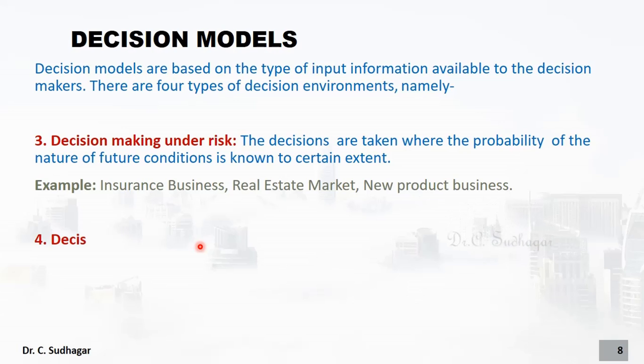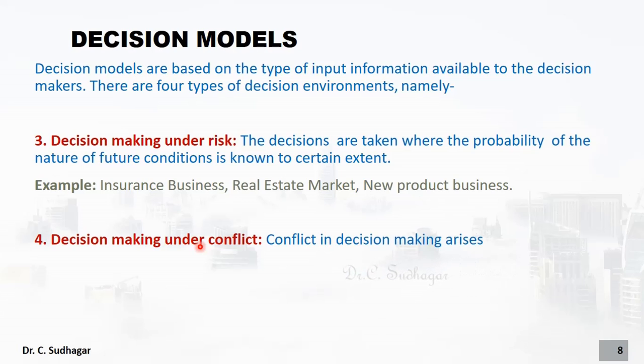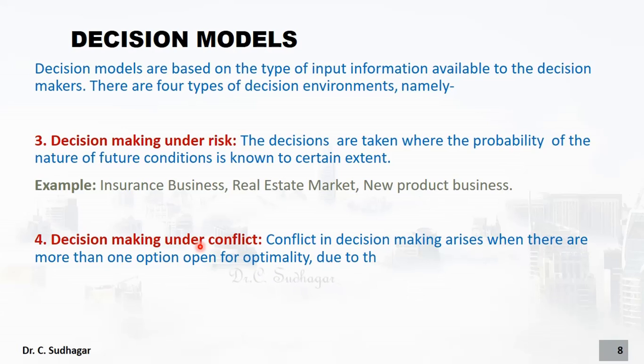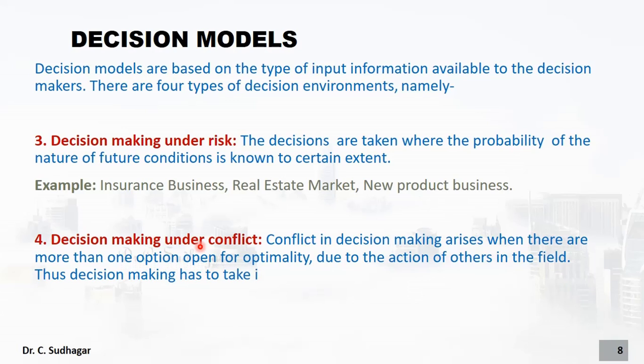The fourth one is decision making under conflict. These types of decisions have conflict in decision making, which arises when there is more than one option open for optimality. This is due to the action of others in the field also. Thus, decision making has to take into account the strategy of the competitor also. So there are three things involved here.